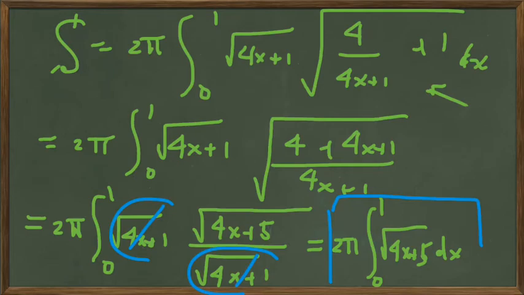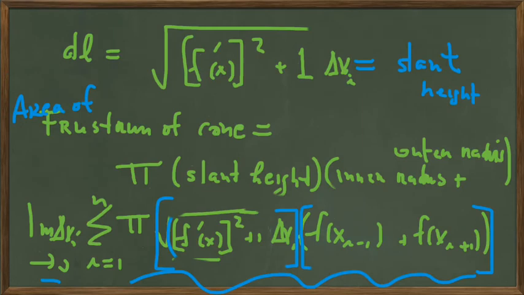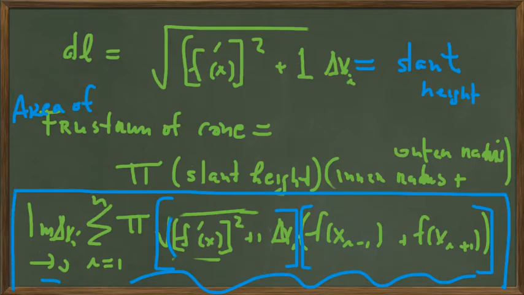So we're going to use this formula right here, and we're going to let delta x sub i go to 0, which is going to turn the summation into an integral, and it's going to turn the delta x sub i into a dx.